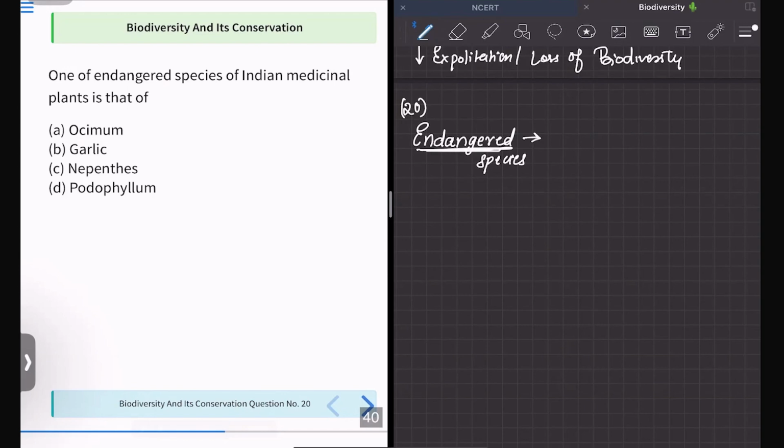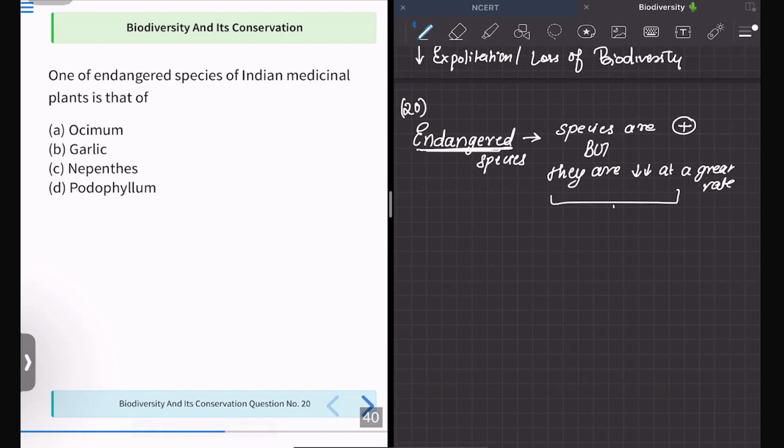Endangered means that the species are present now, but their number is being drastically decreased. Okay, they are decreasing at a great rate, and if we do not stop it, if there is no intervention, they will become extinct.